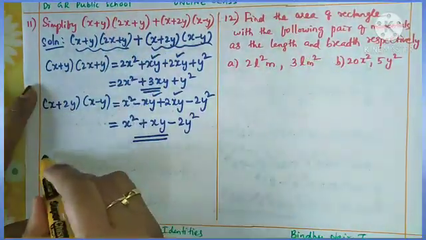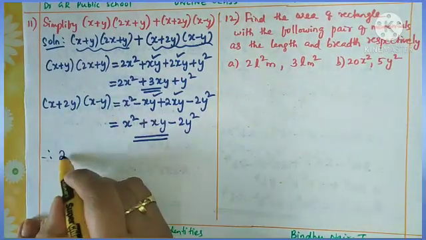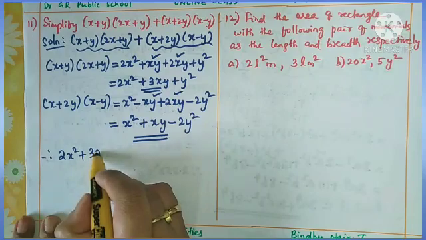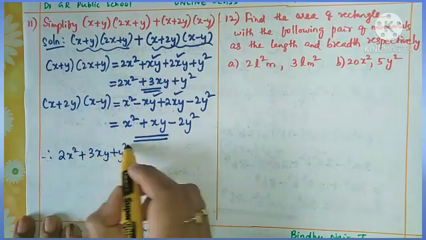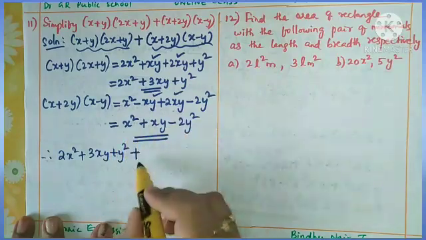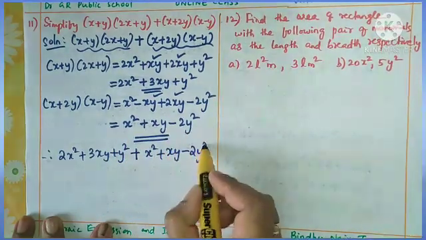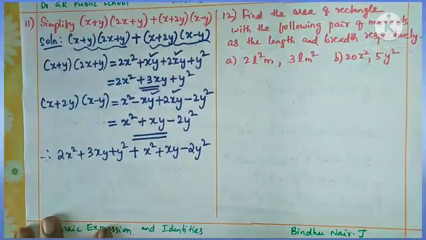So therefore, what is the first answer? 2x square plus 3xy plus y square, plus the second answer you just write, x square plus xy minus 2y square. Now what you want to do? Collect the like terms.